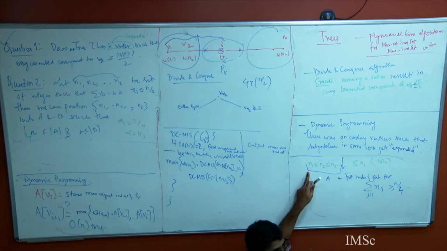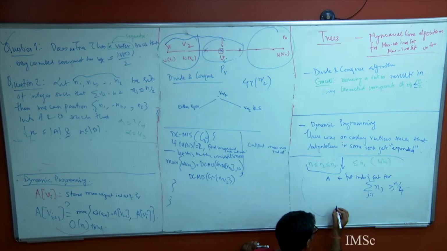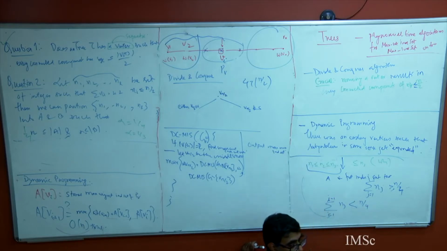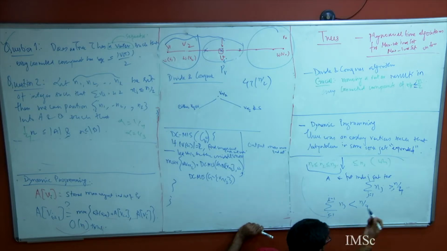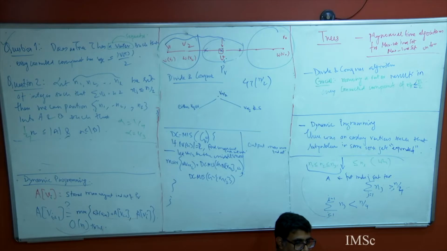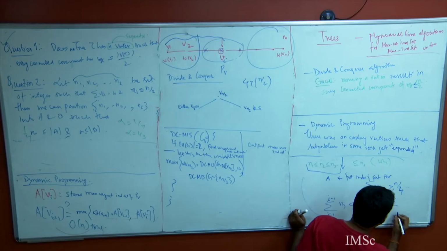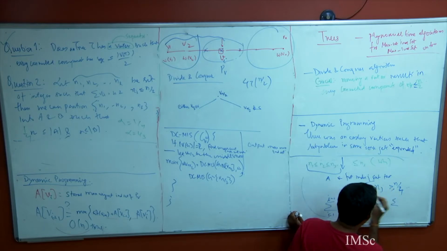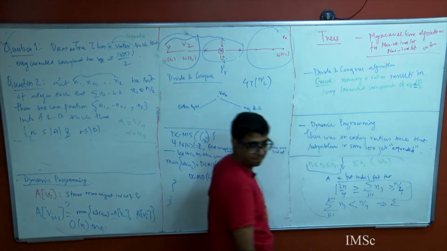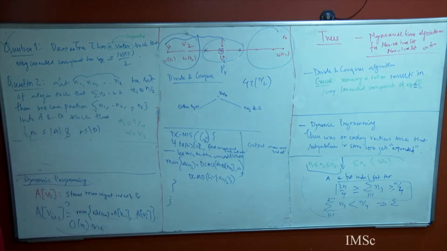So what you know is that the summation of nj, j from 1 to i minus 1, is strictly less than n by 4. You added ni to it. What is the weight of ni? At most n by 2. So the sum here is at most 3n by 4. Agreed? So that's your partition.